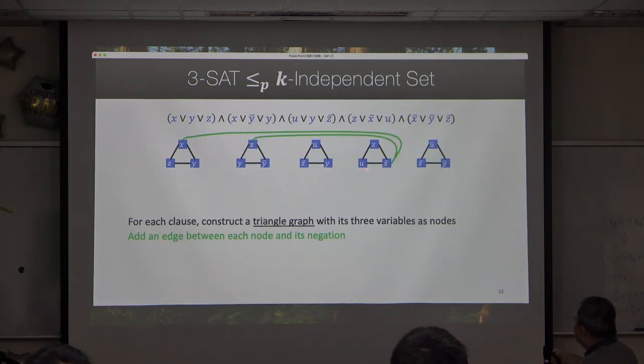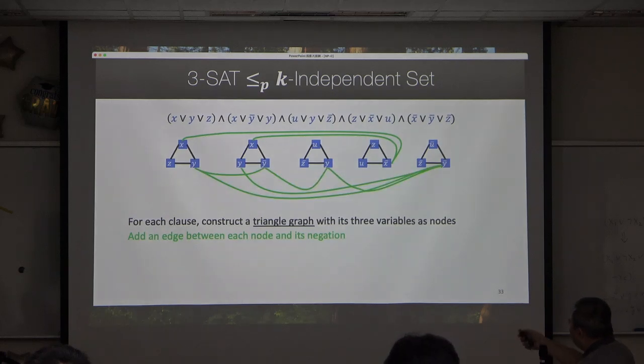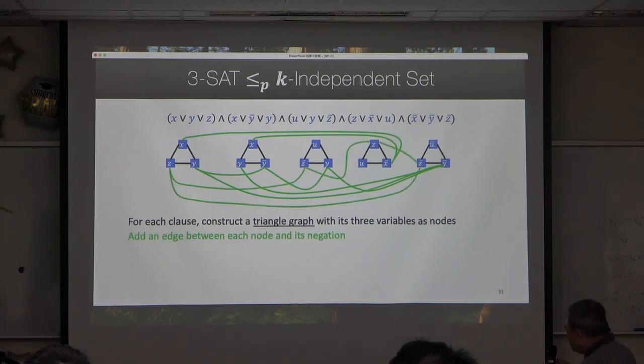Between X and not X we have a link, and so on. So we have quite a few links between each of these 3 cliques, so a lot of edges.